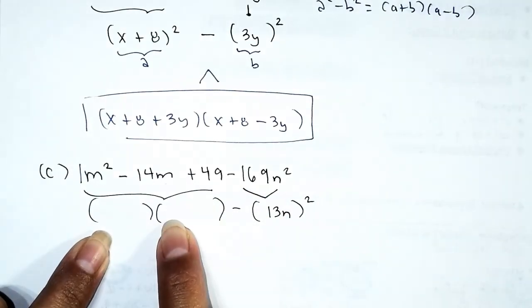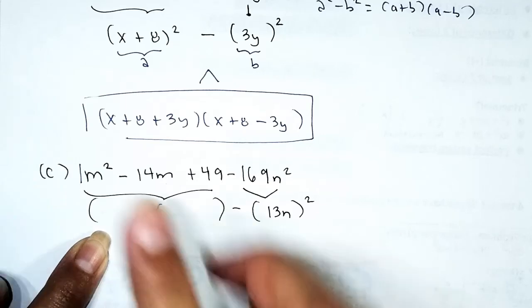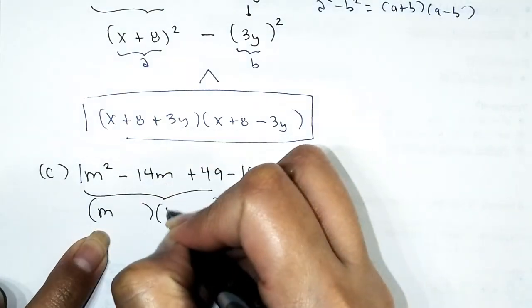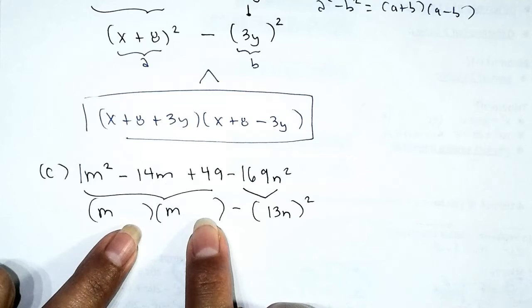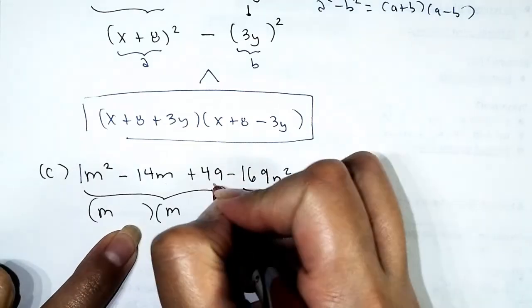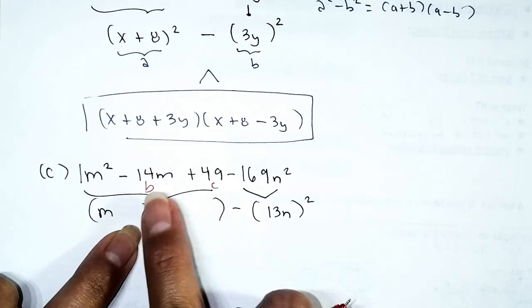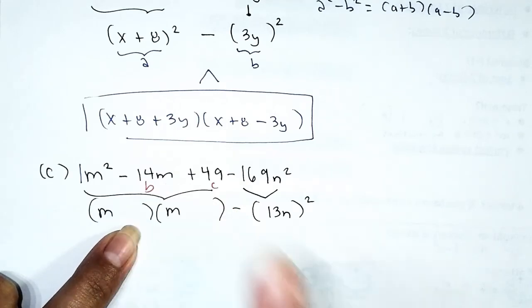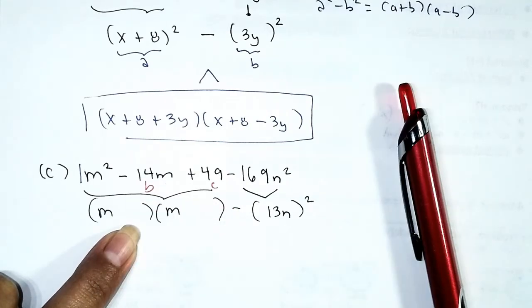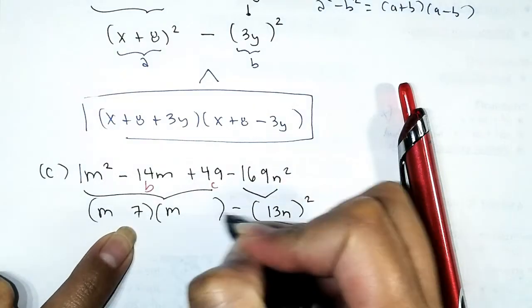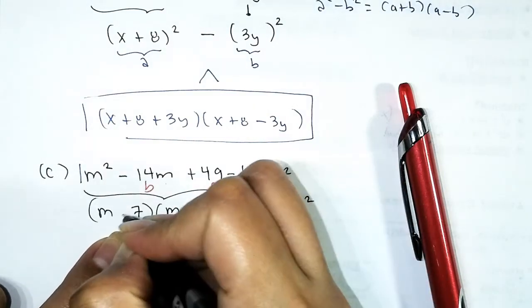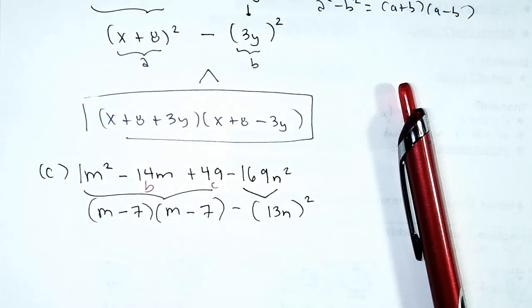The product of the first terms should give us m squared, and we're going to use variable times itself. To complete the binomial factors, we want factors of c that add up to b. So we want factors of 49 that add up to negative 14. And if my eyes don't fail me, I think it's 7 and itself. Well, negative. You know me, I put the numbers first and then the signs thereafter.